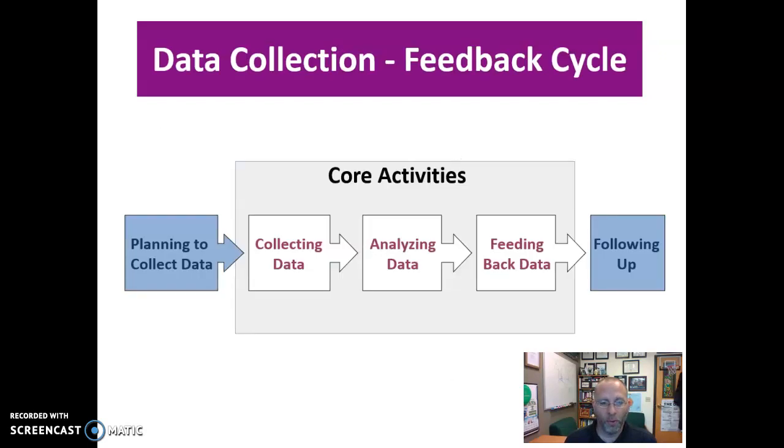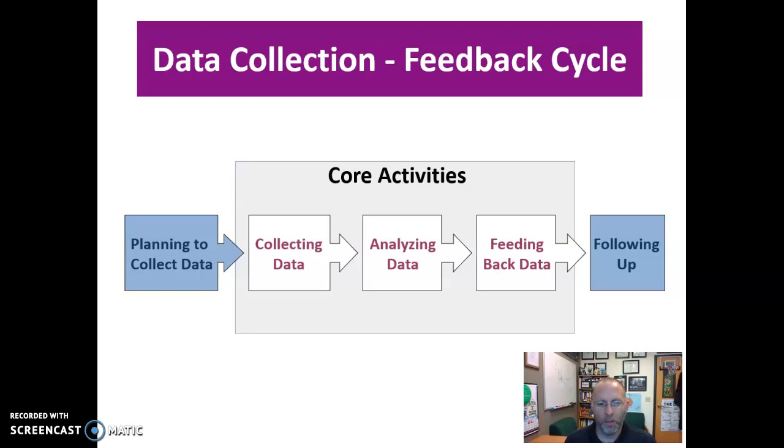So as we go through the process, first we plan to collect the data. Then we choose some sort of data collection method, and we collect the data, we analyze the data, we feed back the data to the client, and then we do follow-up, and it's actually a loop. The follow-up would then loop back to planning to collect additional data, collect, analyze, feedback, and so on.